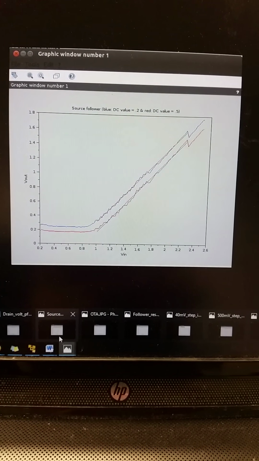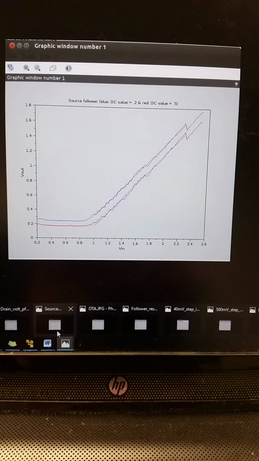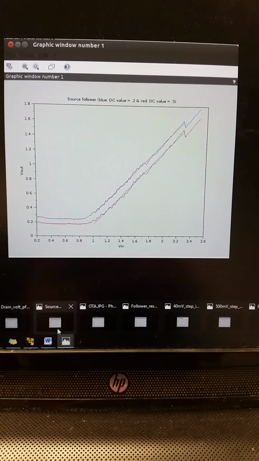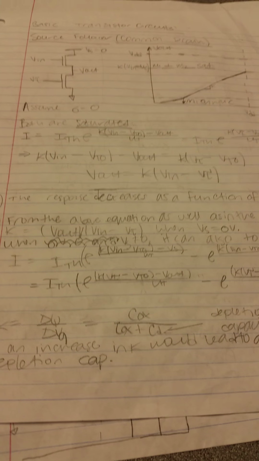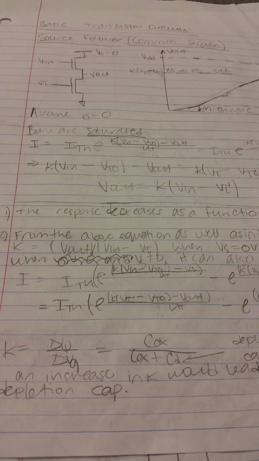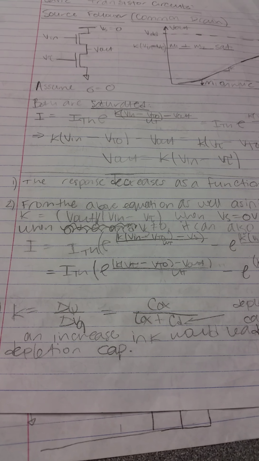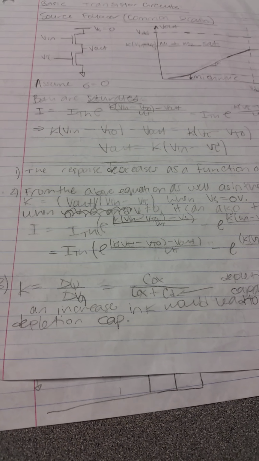An interesting thing we saw was that as we increased the bias voltage, we decreased the response, as shown here. Other interesting things that we calculated from this is kappa, which we found to be linearly proportional to V out, but kappa is inversely proportional to depletion capacitance.